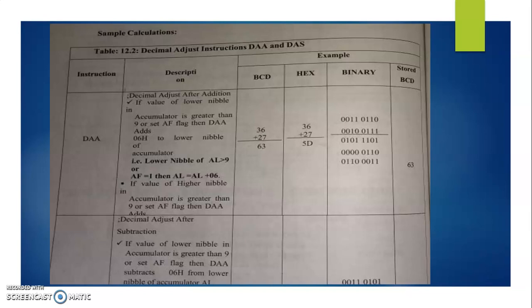If the value of the lower nibble in the accumulator is greater than 9 or the AF flag is set, then add 06 to the lower nibble of the accumulator. If the value of the higher nibble in the accumulator is greater than 9 or the carry flag is set, then add 60 to the higher nibble. Now you can see 36 plus 27 is 63. In hexadecimal the result will be 5D. Whatever your answer is, you have to apply DA.